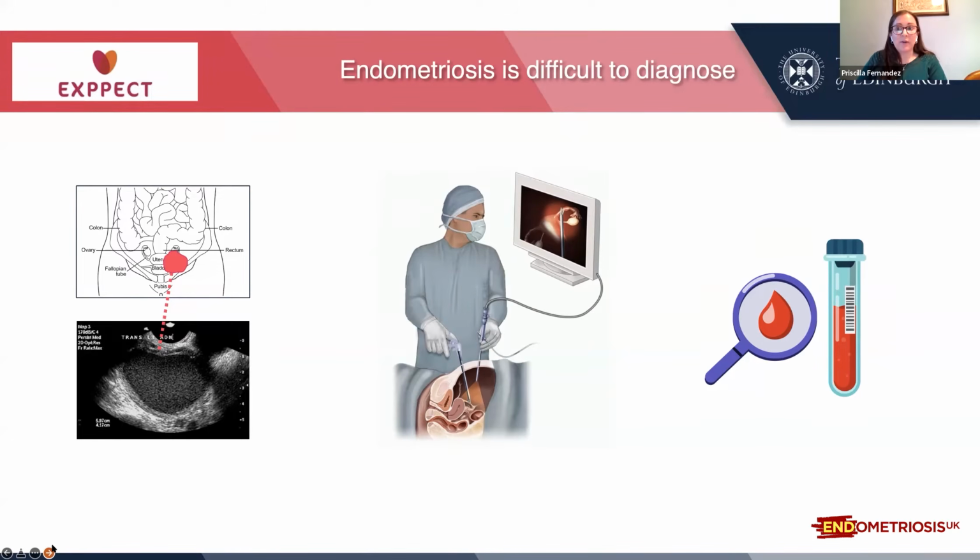Sometimes we do ask for a transvaginal ultrasound, and I promise you when I say this, there is nothing we have not seen. You may have feelings of embarrassment, for example, if you have a vaginal examination as well, because we sometimes check to make sure that the organs are mobile and moving freely, and there are no adhesions and no deep endometriosis that we can feel, where we think, oh, actually this should not be here.